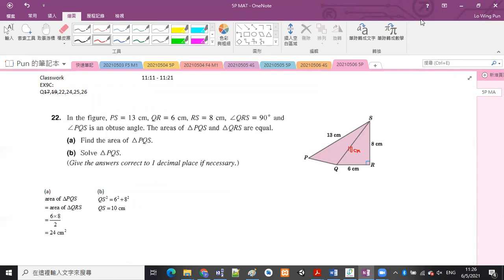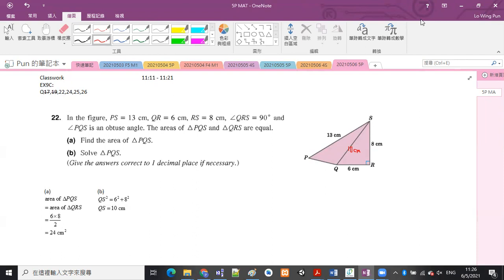Obtuse angle means that it is larger than 90 degrees, right? And now I'm calculating this angle. If this angle is also larger than 90 degrees, then the sum of these two angles is already larger than 180 degrees. That should not be okay. Do you understand? If one angle in a triangle is obtuse, then the other two angles must be less than 90 degrees.